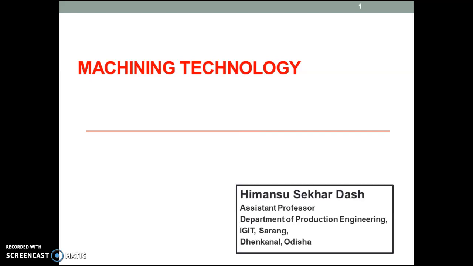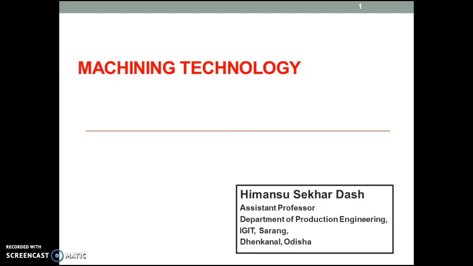Next, we have discussed the tool geometry of the single point cutting tool and multi-point cutting tool, and the different systems of tool signature, that is ASA, ORS, NRS: American Standard Association, Orthogonal Rake System, and Normal Rake System, and how they differ from each other, and the 7 parameters which define the tool signature or tool nomenclature.